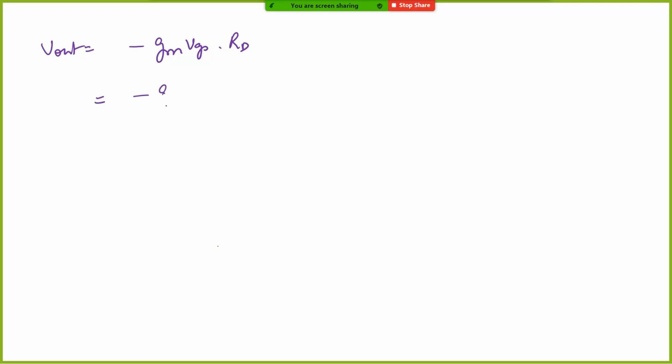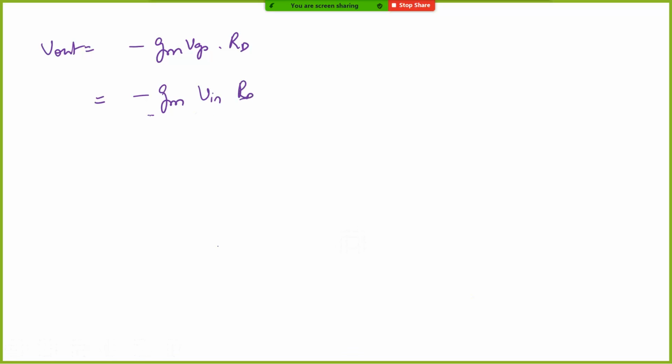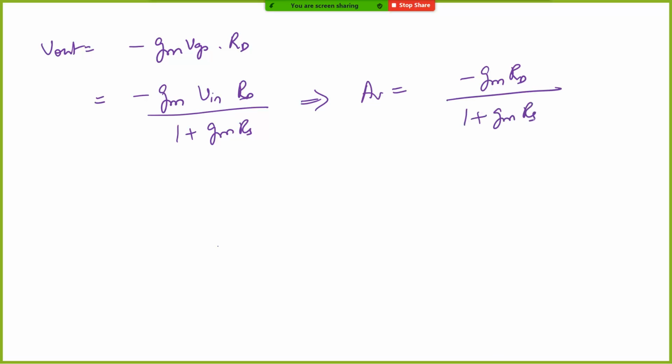You substitute for VGS, it becomes minus Gm Vin times Vin divided by 1 plus Gm Rs. So basically it leads to a voltage gain of minus Gm Rd divided by 1 plus Gm Rs.